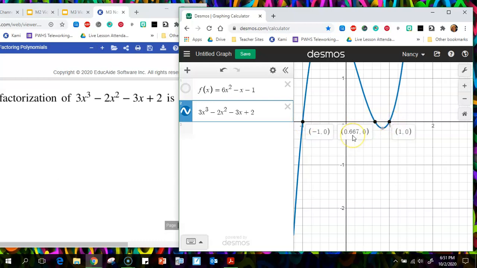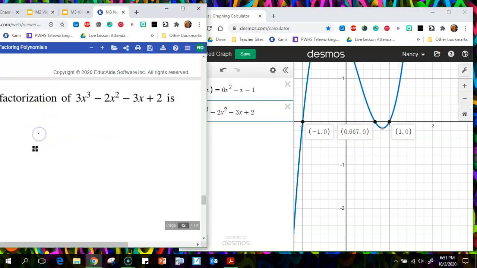So that right there is 2/3. Okay, this is a whole lot easier. So then here's our x-intercepts, or our roots, which are, you know, where it crosses the x-axis, are negative 1, that's 2/3. We'll just write it as 2/3 instead of that decimal.